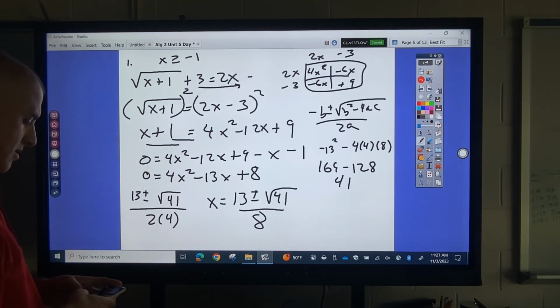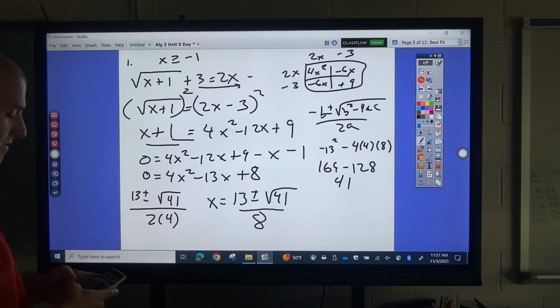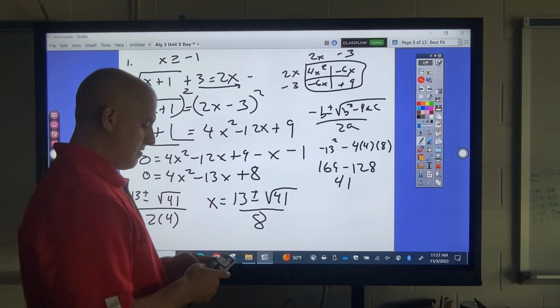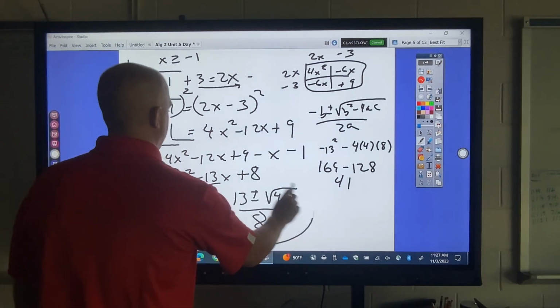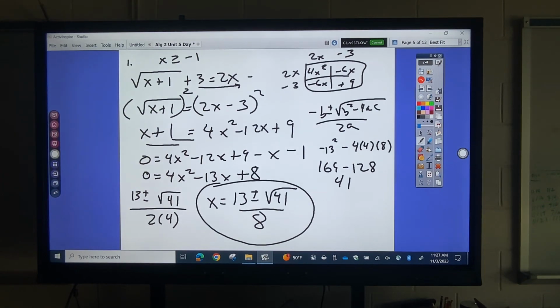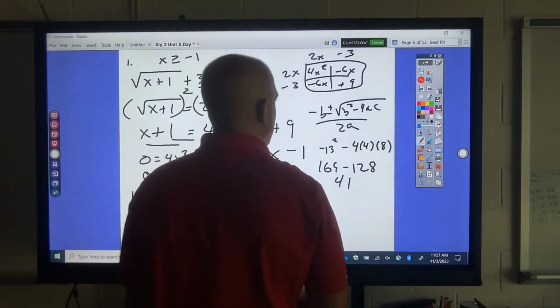The square root of 41 is 6.4, so 13 plus 6.4 divided by 8 is 2.41. I'm okay there. 13 minus that, I'm also okay there. Those are both positive, so I won't have an issue in there.